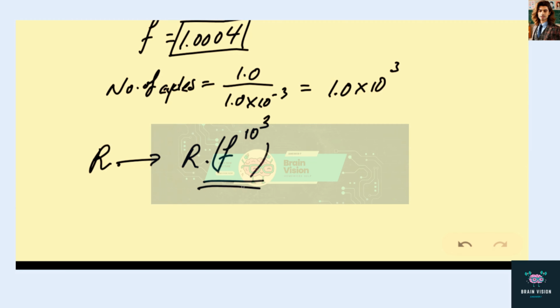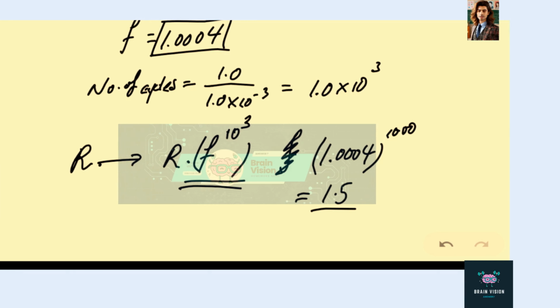So this is the factor by which the rate is increased. So we just have to evaluate 1.0004 to the power of 1000, and we should get a value of 1.5, and so the rate will increase by 1.5 after 1 second.